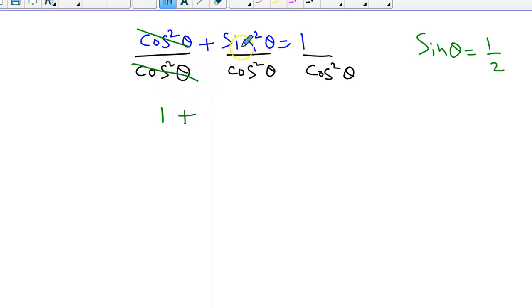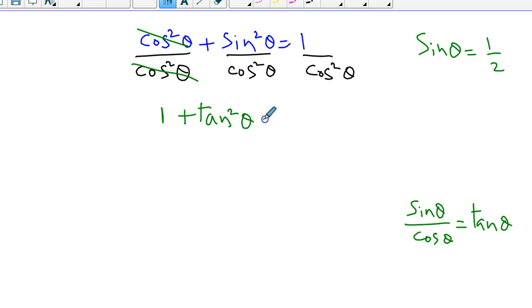Now next is sine square theta over cosine square theta. From the quotient ratio identities, we learned that sine theta over cosine theta is equal to what? It is a tangent, right? We'll use that, and I'll write here, because of the squares, I can even write tan square theta, so 1 plus tan square theta is equal to 1 over cosine square theta.